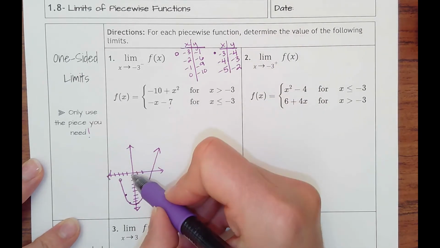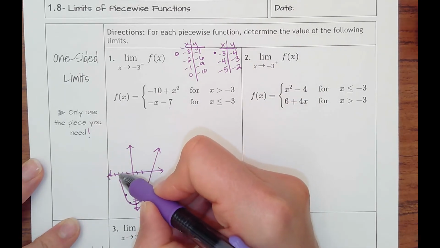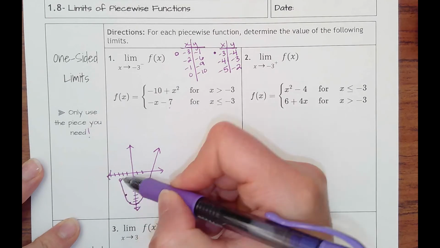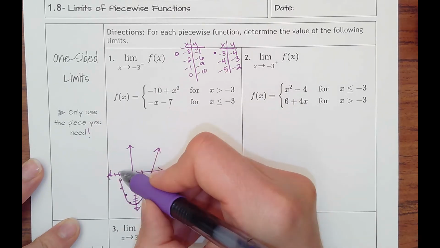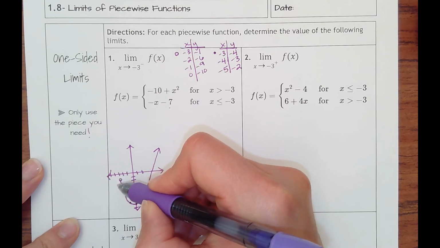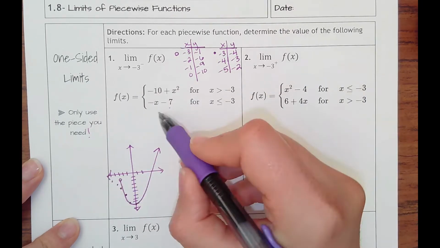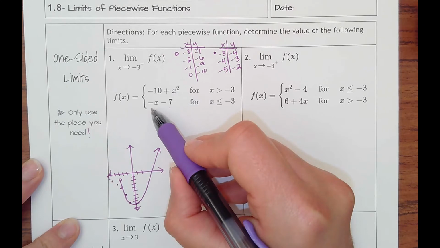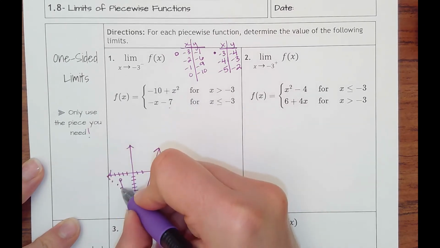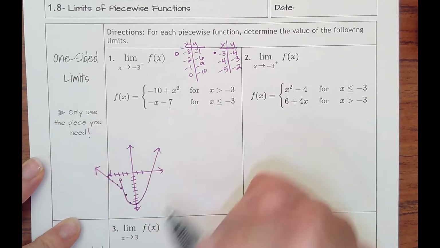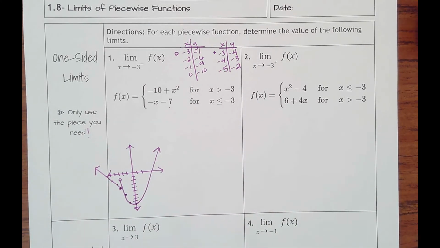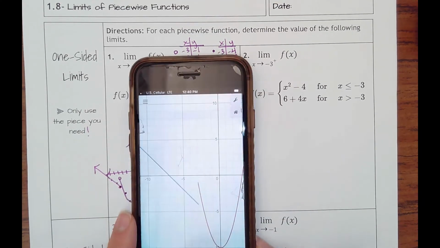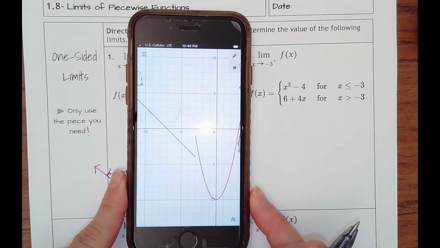Okay, linear would be -3, -1, 2, 3, 4, closed, -4, -3. So it's just going up 1, right? Or down 1, really, because this is a negative slope this way, but I'm working to the left. So it would be closed point like that. And I actually pulled it up and graphed it on Desmos, and it looks like that.